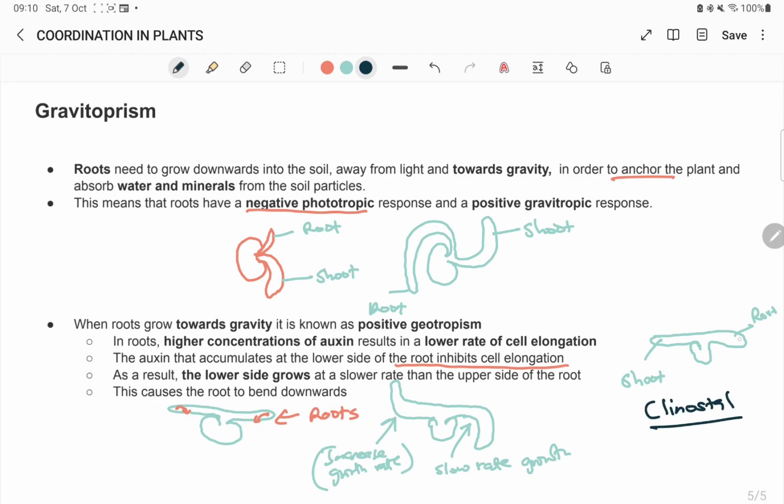A clinostat will spin the developing shoot and roots constantly. This will lead to equal distribution of the auxins in the shoot and in the root, finally giving us a straight growth without the effect of gravity or light, because the auxins are distributed equally as it continues spinning.